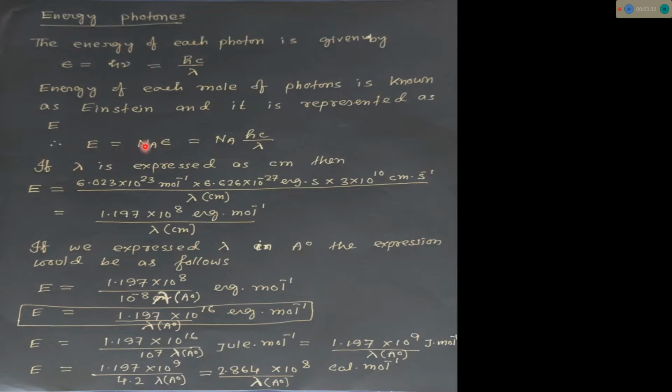So capital E is Avogadro number Na into epsilon, where epsilon is the energy of one photon, which becomes Na h c by lambda.